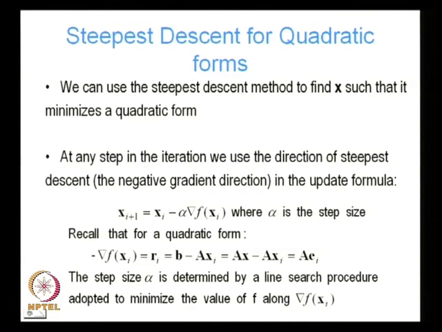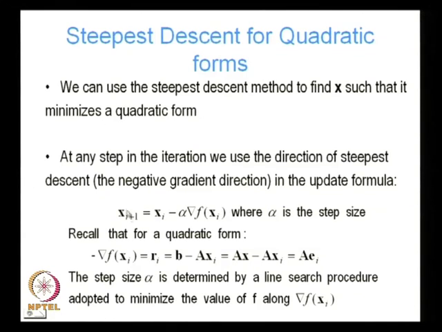How am I going to get there? That is the whole idea of iterative methods. It tells you how to go from xi to xi plus 1, and hopefully you are not going in the wrong direction.